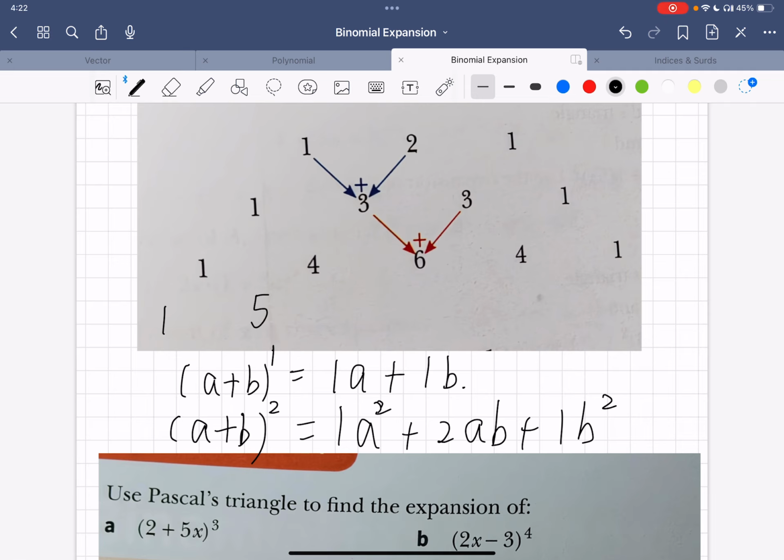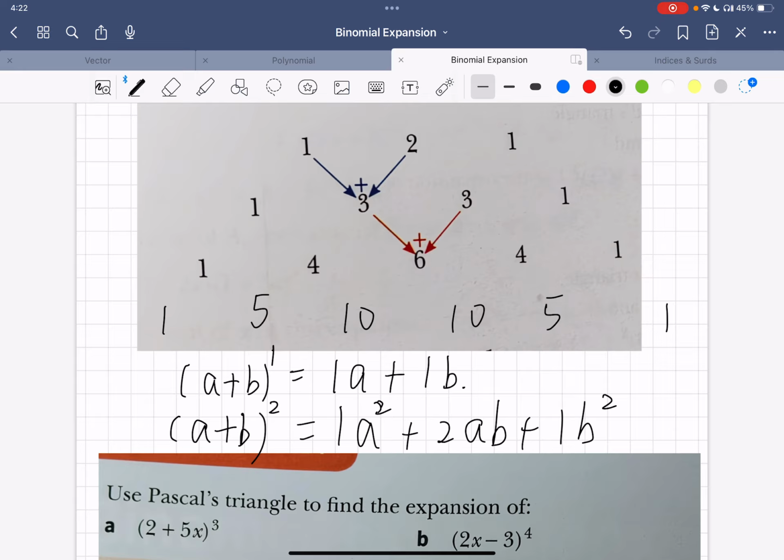And 10, and then another 10, and then 5, and then 1. Okay, that's it. So for power 5, we've got 1, 5, 10, 10, 5, 1. All right, for this pattern, so that's all for this Pascal's triangle.